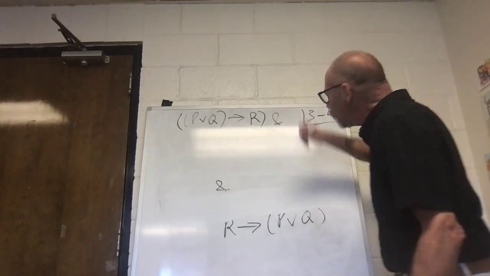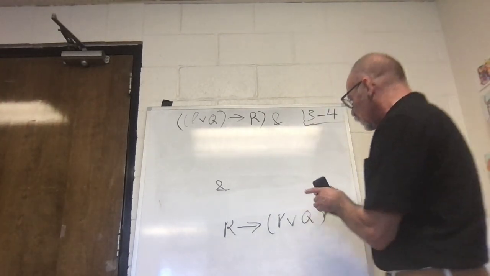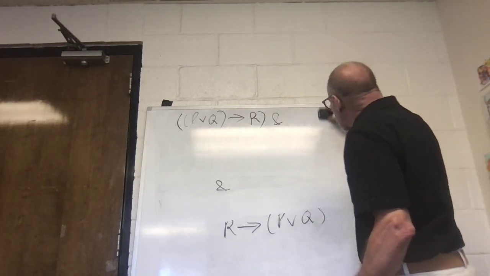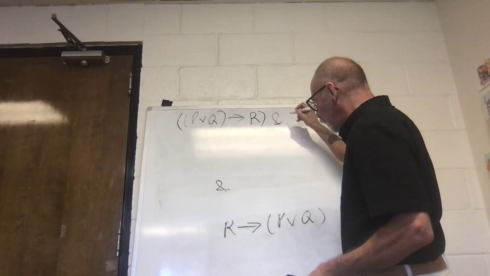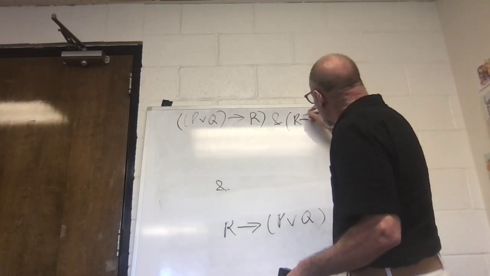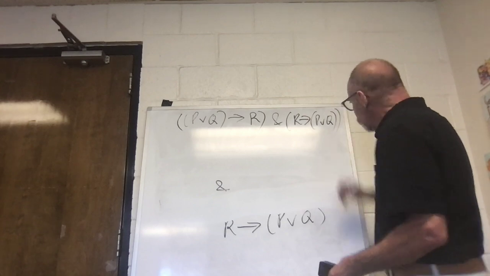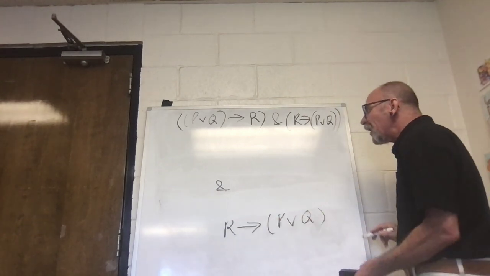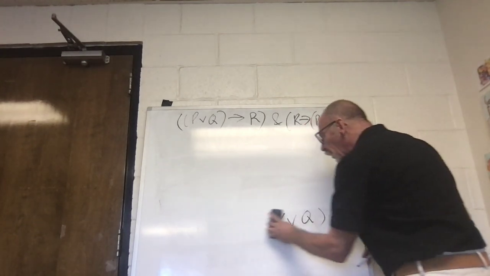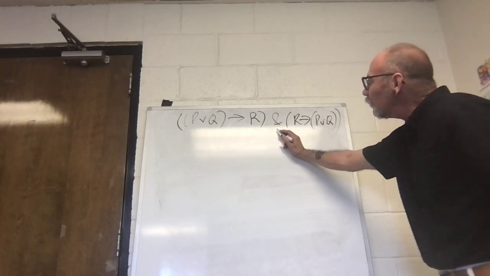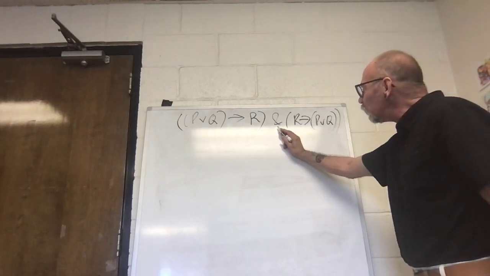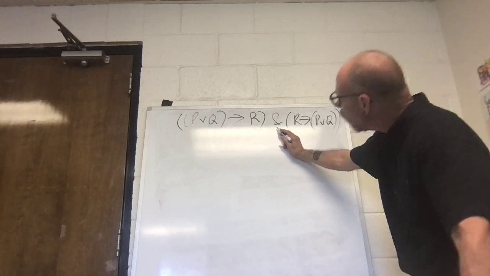Add another set of parentheses for grouping, and then put another set of parentheses around that conjunct. You see now the logical symbol that's not buried inside of parentheses is the symbol that represents conjunction, the ampersand.